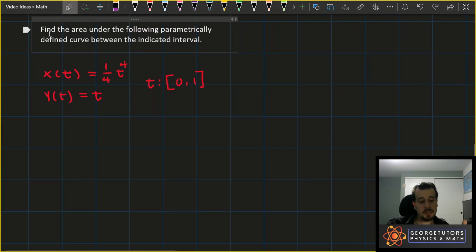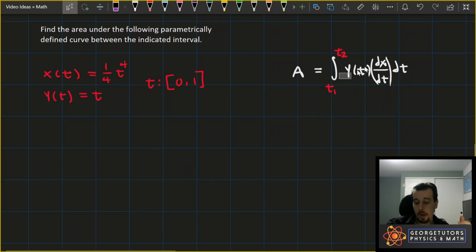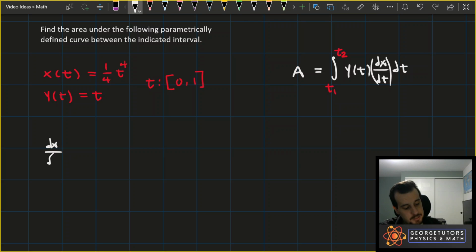So this is tasking us to find the area under the following parametrically defined curve, and it gives us the indicated interval for t. So again, I need to fill this up. So let's see. y of t is simply t right now, and x of t is 1/4 t to the 4th. So if I want to find dx/dt, I simply have to differentiate this with respect to t. And of course, that's going to get me 4 over 4 t cubed, or simply just t cubed right now.